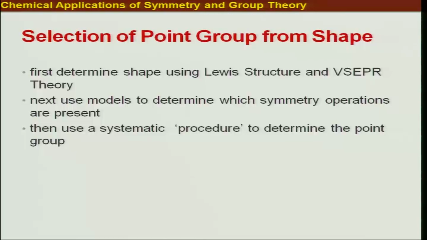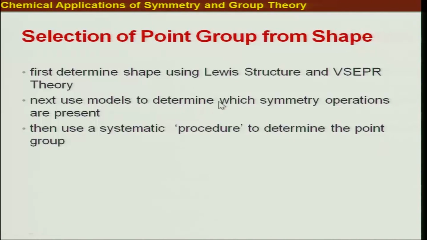Let's come back to how to find out which point group a particular molecular structure belongs to. As I was saying, first you determine the shape of the molecule. You can use the Lewis structure and apply VSEPR theory, which I am not going to discuss because I assume all of you know it. Find the structure using this theory, and it is highly recommended that you use a model to determine which symmetry operations are present.